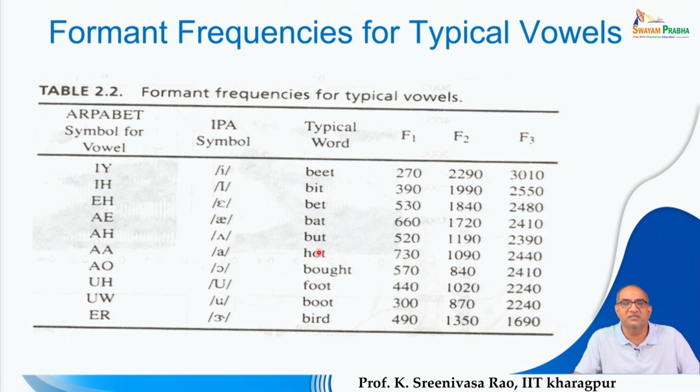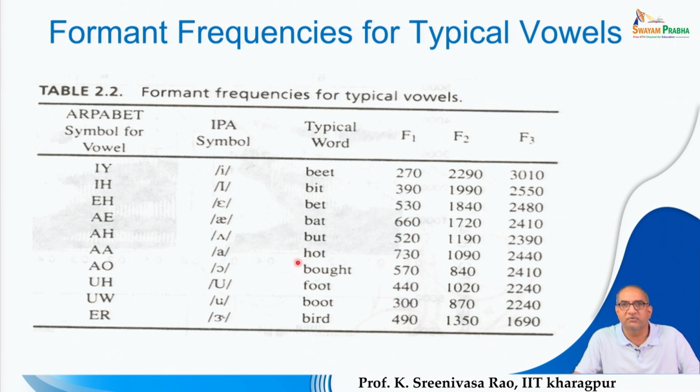For us, hot and bought appear very similar, very close when we speak. But people having English as their mother tongue, the native English speakers, can utter these sounds very distinctly.